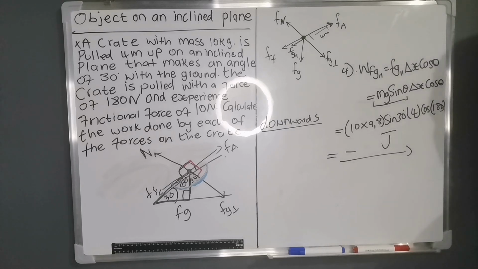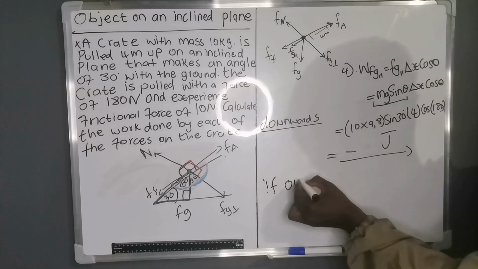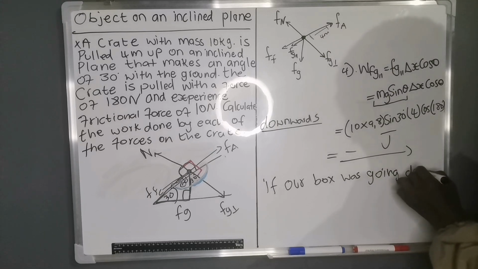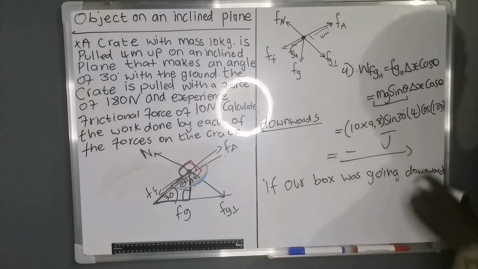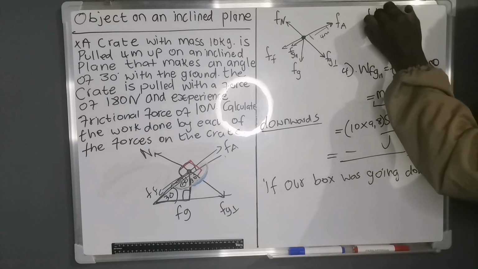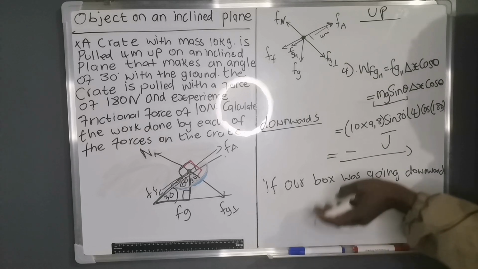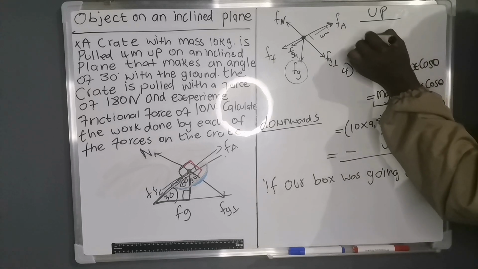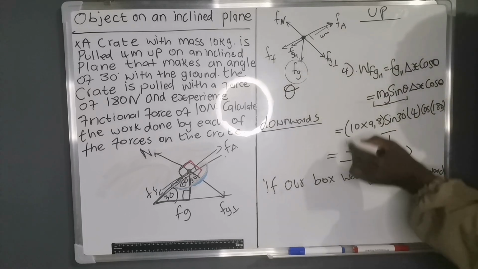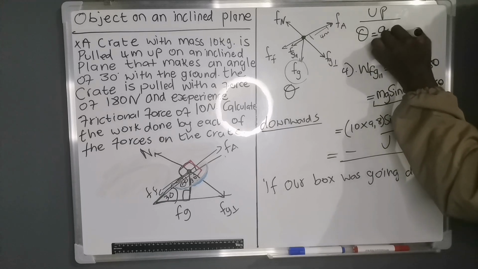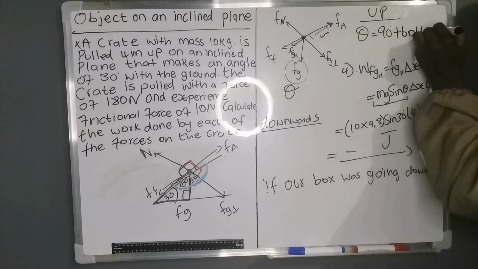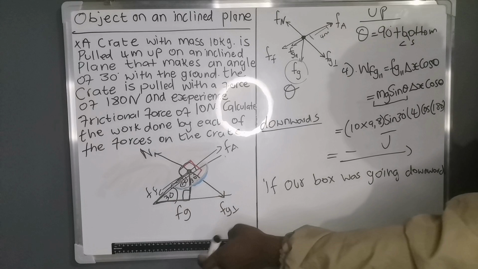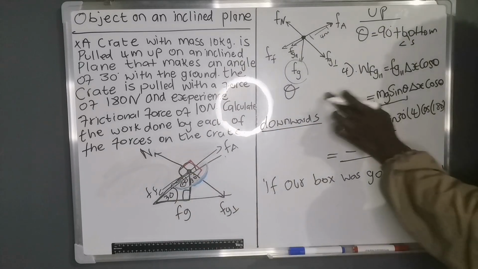So guys, if our box was going downwards, and here it was going upwards, we said if you want θ for the work done on FG, then θ is equal to 90 plus the bottom angle, which is 30 degrees.